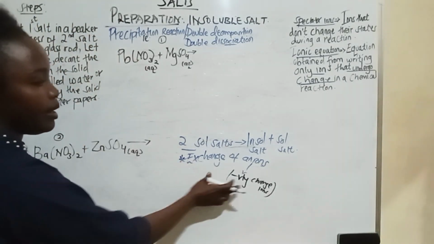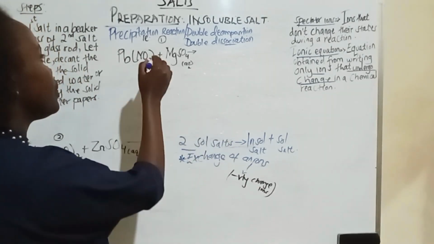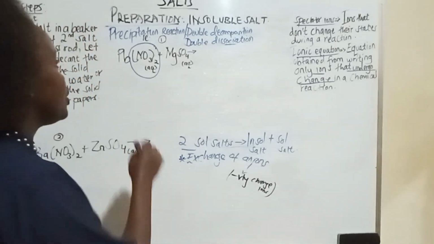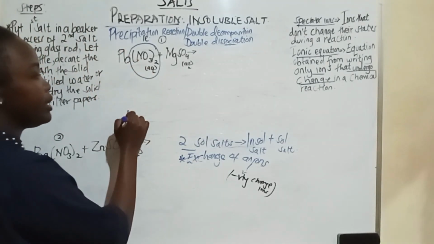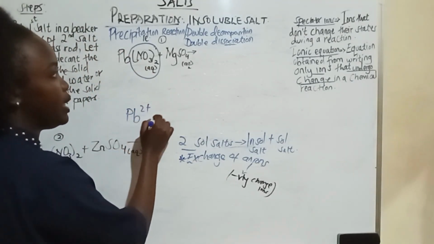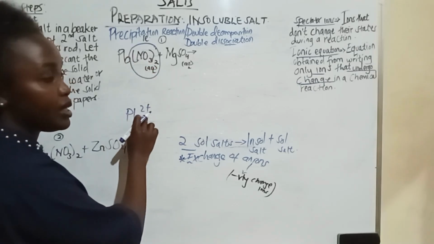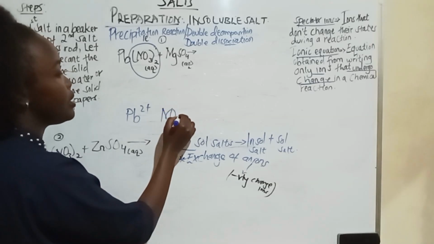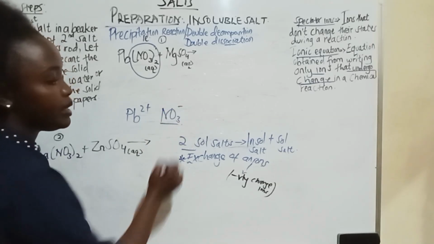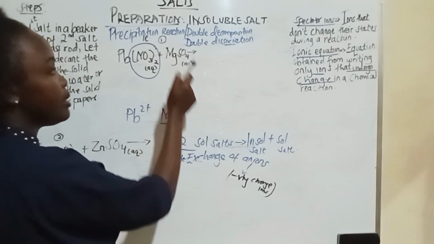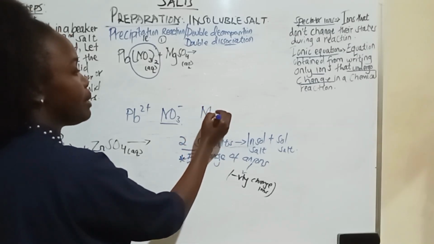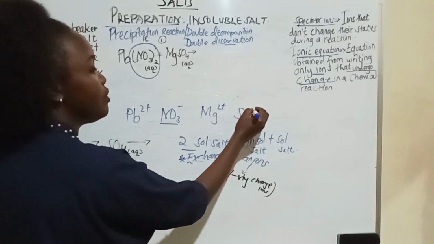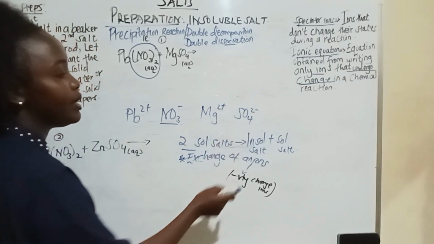So which are our anions in this case? Lead is written as 2 plus, because it is a positively charged ion, and then we have nitrate ions, which are negatively charged. In magnesium sulfate, we have the magnesium ions, which are positively charged, and the sulfate ions, or the sulfate radical, which is negatively what?